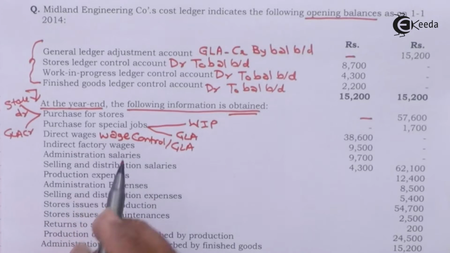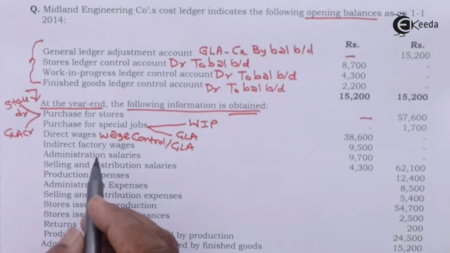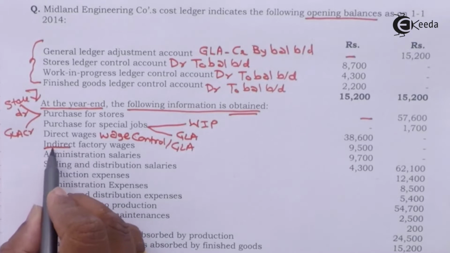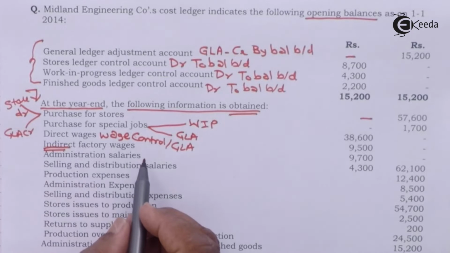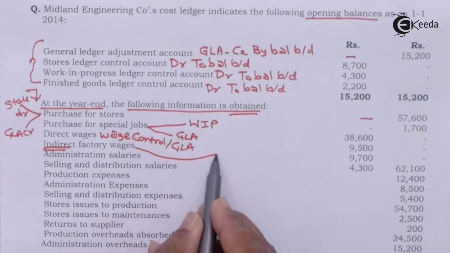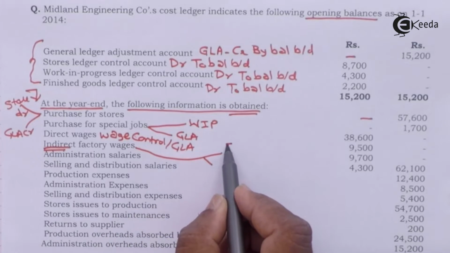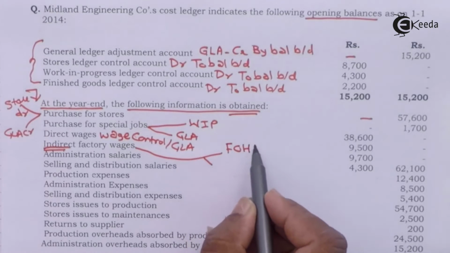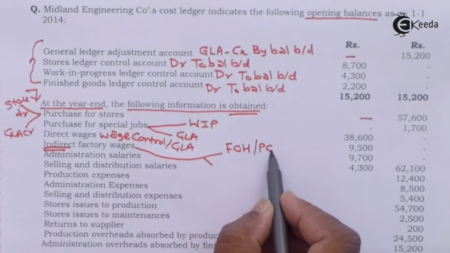Indirect factory wages, it will be considered as overheads because it is indirect factory wages. Factory overheads or production overheads.